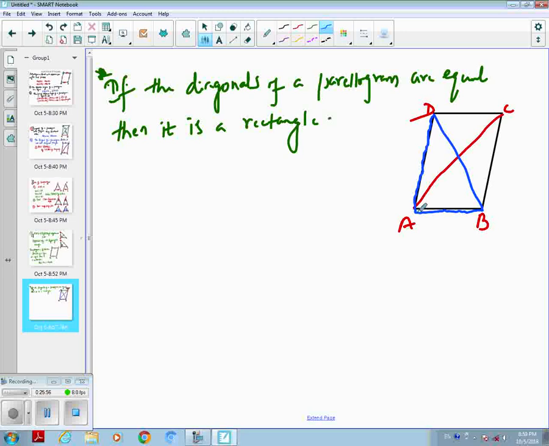This one. This triangle, in triangle ABD and triangle ABC, we'll take this one. I'll mark it in red.